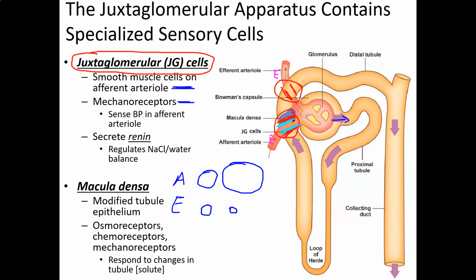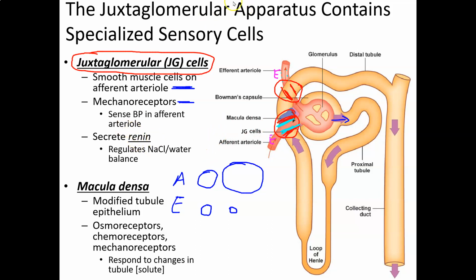So since we have more receptors in the afferent, it's got a much higher sensitivity. And really, then, it's the effect of the afferent that really determines what happens for the glomerulus. So even though both efferent and afferent have the JGA, it's the afferent that has the most receptors, so it's the afferent that's going to have the biggest effect and really determine what's happening in terms of glomerular filtration.